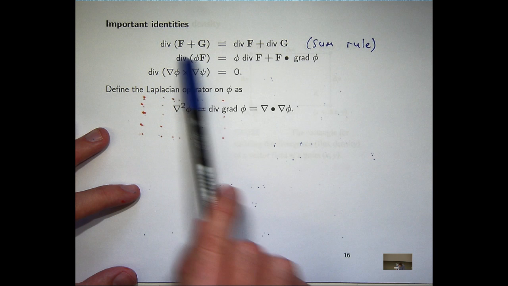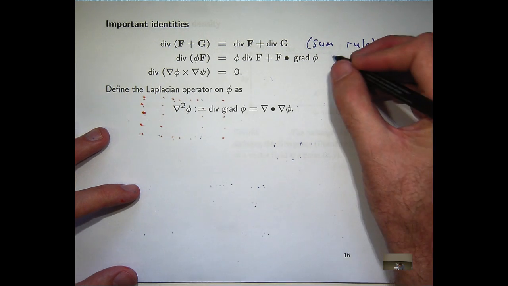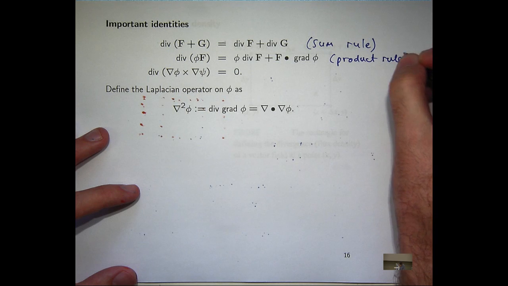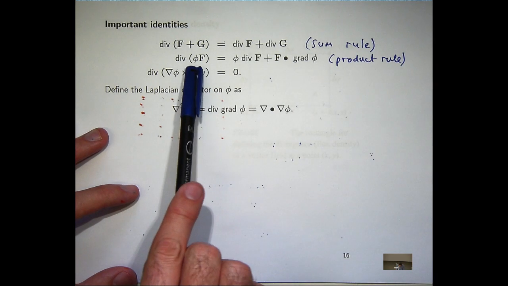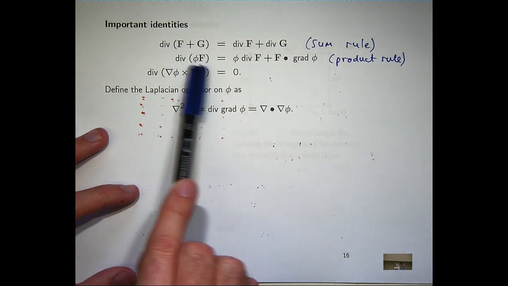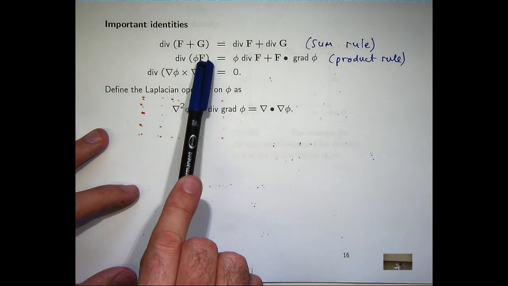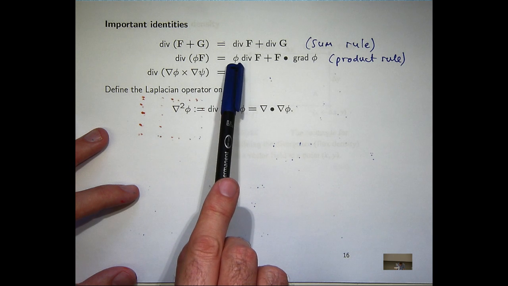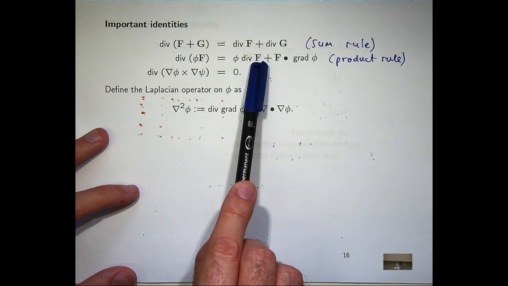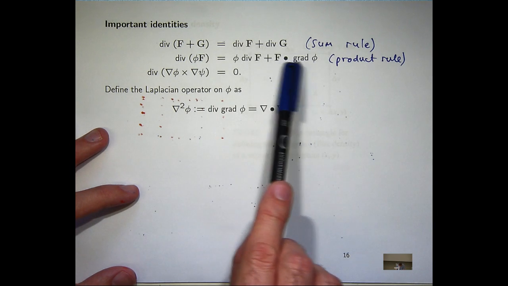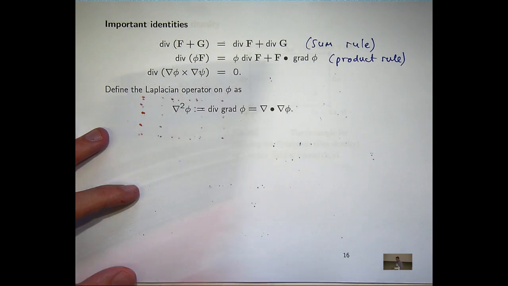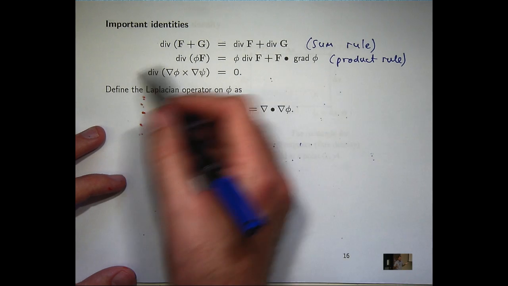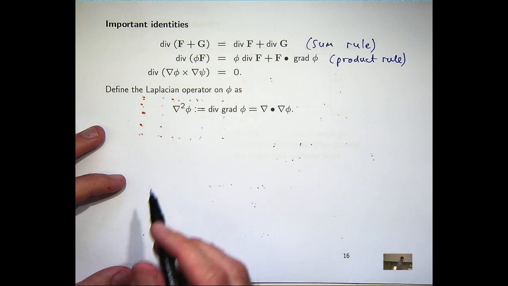In the second expression, this is like a product rule. I've got a scalar valued function, phi, multiplied with a vector field, f. If I take the divergence of the product, it's phi times the divergence of f plus f dotted with the gradient of phi.